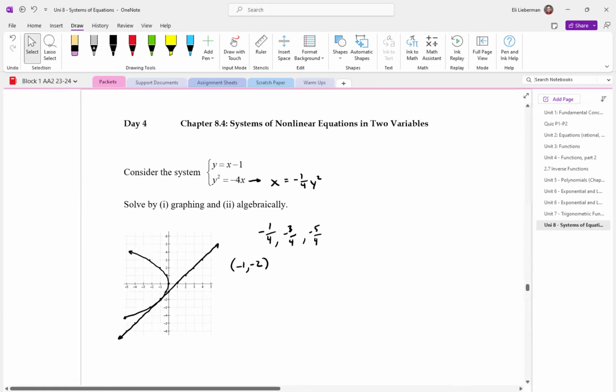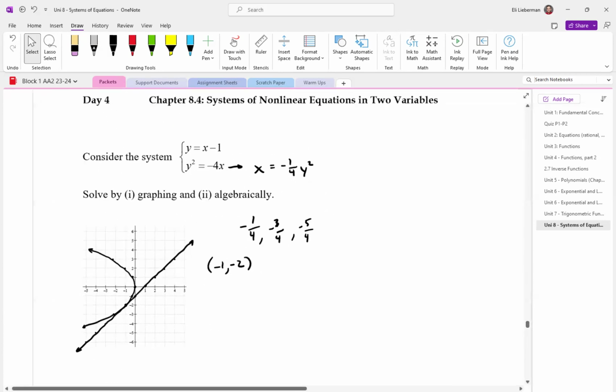Oh, had you moved on to the next one? Now we're solving this algebraically. You get it?